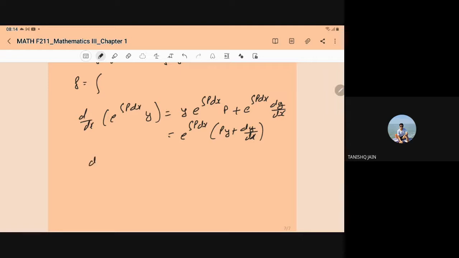And what is the linear equation? Linear equation, what we have assumed? dy by dx plus P y is equal to Q. This linear equation we have assumed.